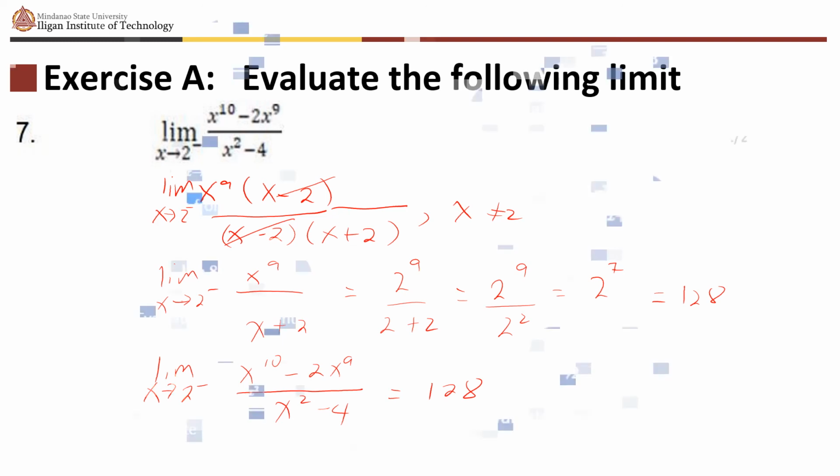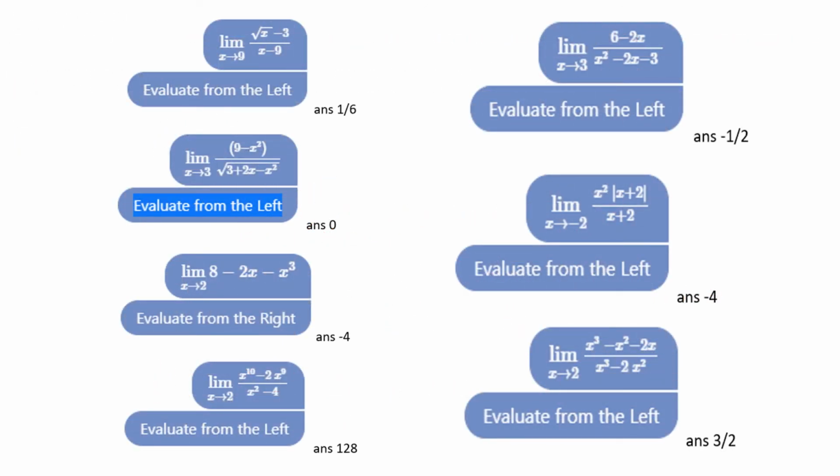So we have the following summary. The limit of the square root of x minus 3 all over x minus 9 as x approaches 9 from the left is 1 over 6. Number 2, the limit of 6 minus 2x over x squared minus 2x minus 3 as x approaches 3 from the left is negative 1 half.